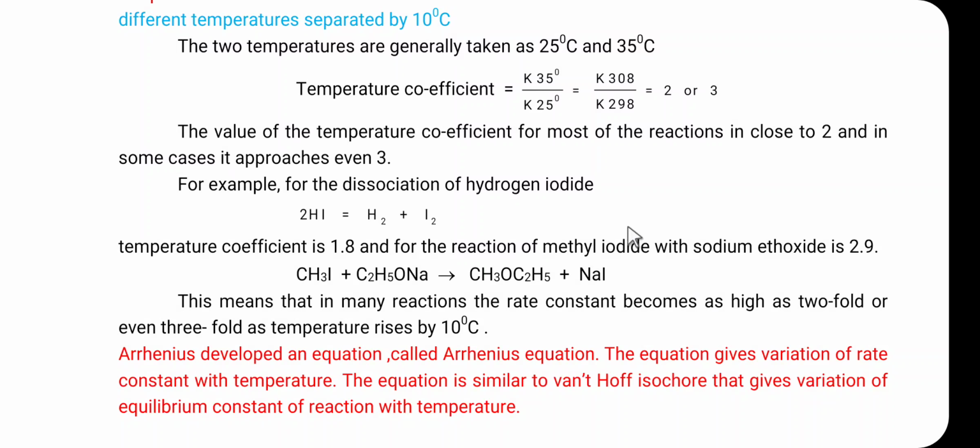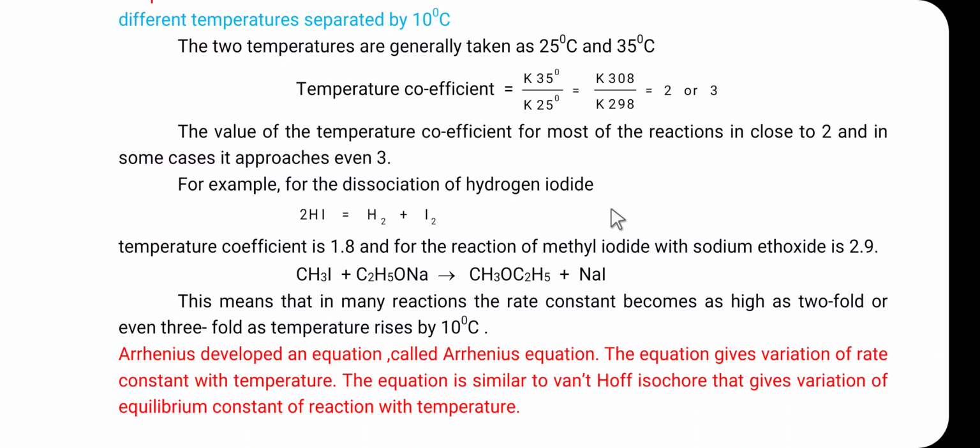Friends, when we consider the temperature coefficient, it has certain limitations. The first limitation is that the temperature coefficient is an approximate method for expressing the effect of temperature on the reaction rate. It is not a perfect method, it is an approximate method just to explain the effect of temperature on the reaction rate.